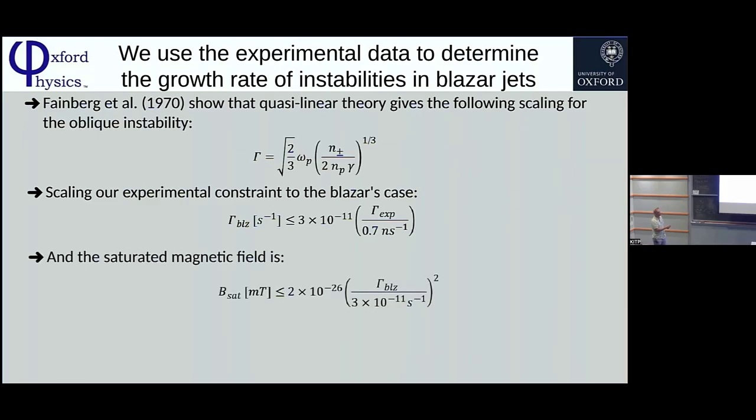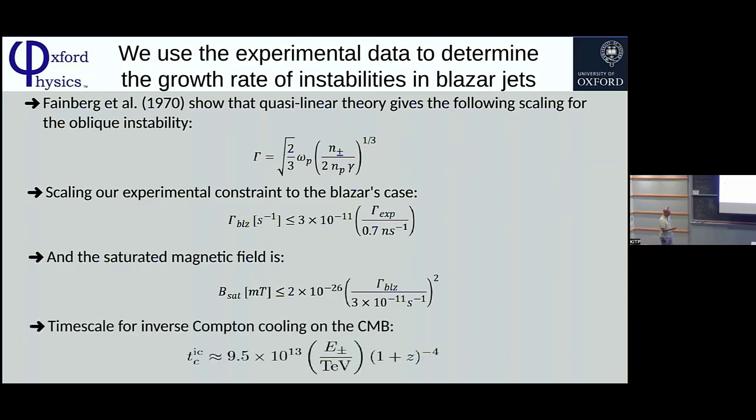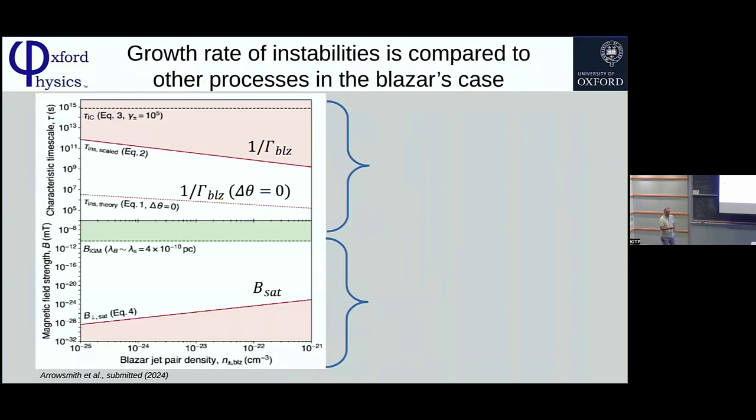Then the other thing we can do, from the growth rate of the instability, is determine the saturated value of the magnetic field, and compare all of these numbers with the time scale for inverse Compton on the CMB. And when we put this on a plot, you see this is a function of the pair jet density in the blazar, which varies because it depends on which type of jets you are looking at.